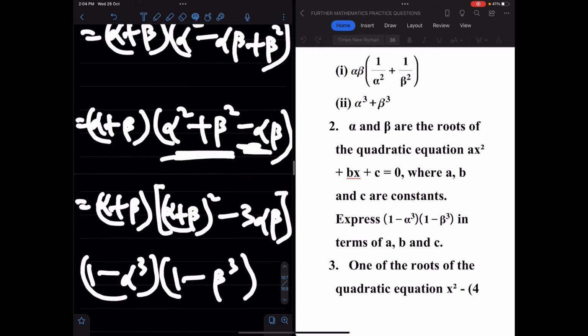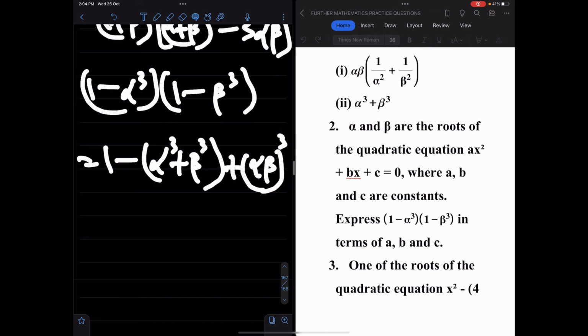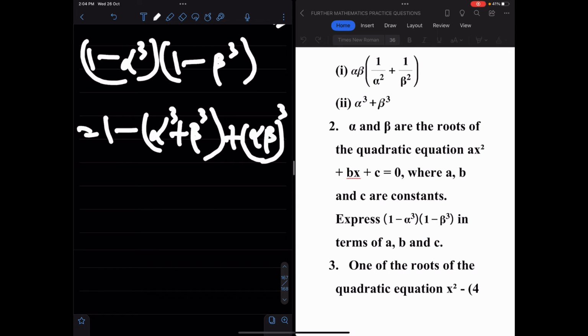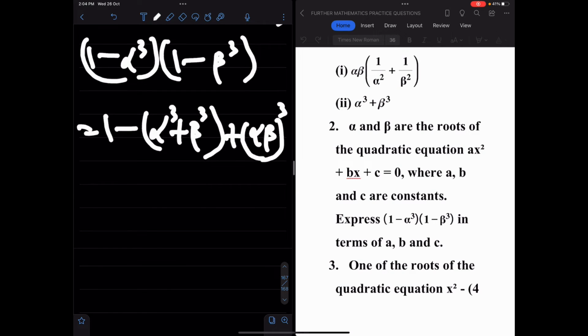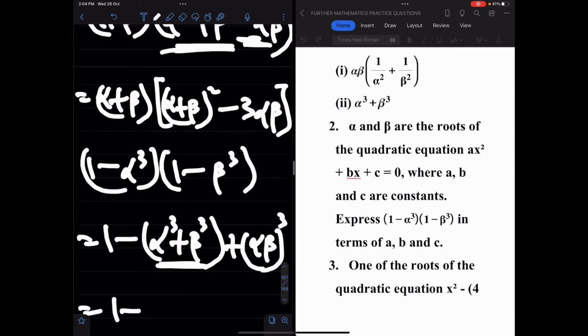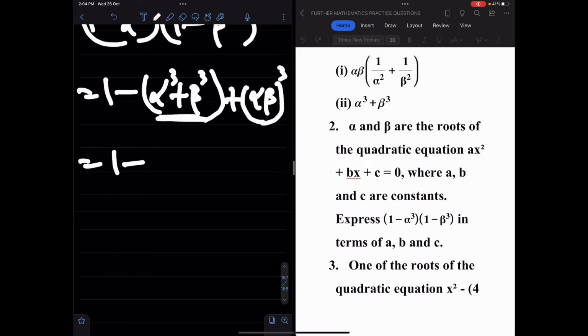It gave us this, yes. 1 minus alpha cubed plus beta cubed plus the cube of alpha beta. Yes, 1 minus open bracket alpha cubed plus beta cubed close the bracket plus the cube of alpha beta, and that's equal to, now I found alpha cubed plus beta cubed, that will be 1 minus open bracket alpha plus beta.